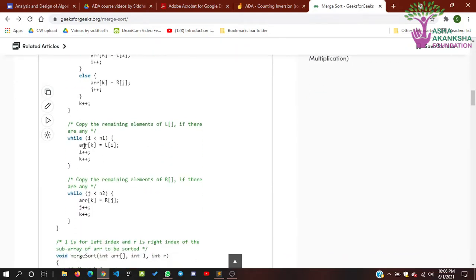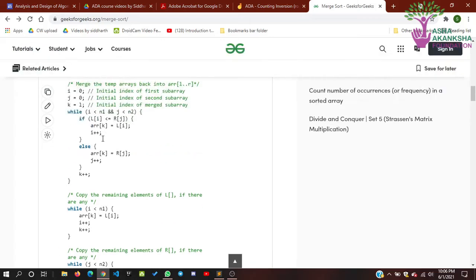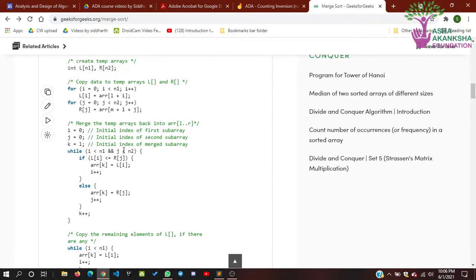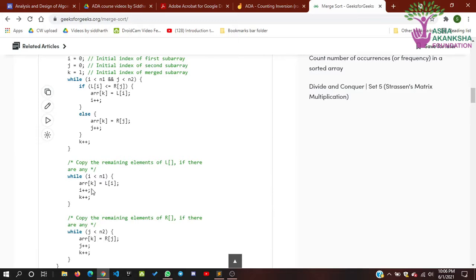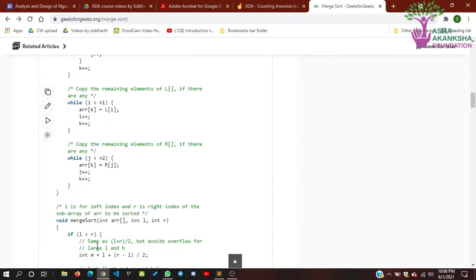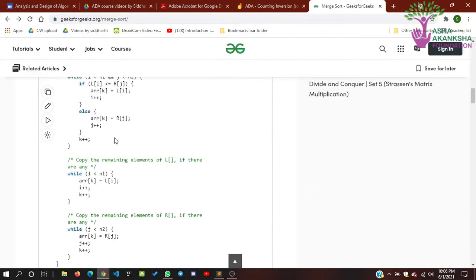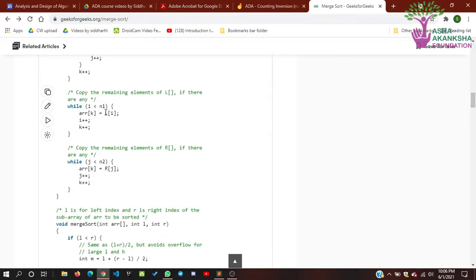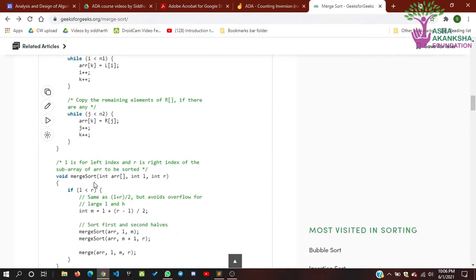Now suppose that i is less than n1, which means that j is greater than or equal to n2, which means that there are certain elements in the L array which are not stored in the main array, but all the elements of the R array have been considered. Hence we will just copy all the remaining elements into the main array. Otherwise we do the same for the R array. Now this is the overall merge sort that I had to explain.